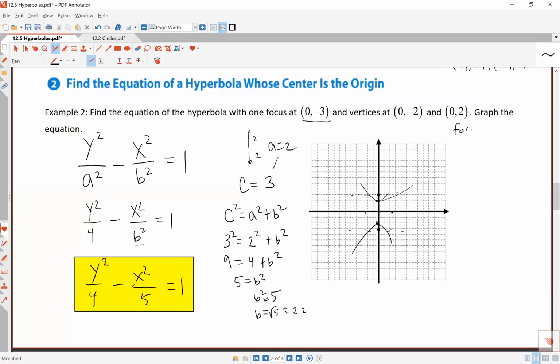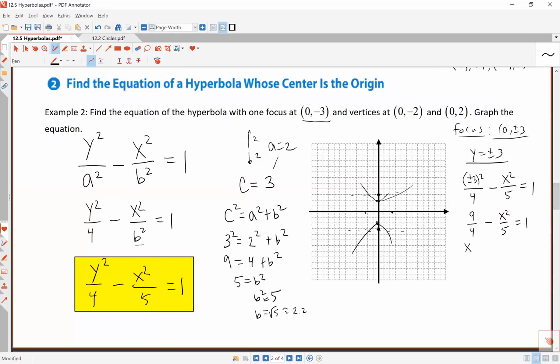Our foci sit at (0, plus or minus 3), so we set y equal to plus or minus 3. We have plus or minus 3 squared over a squared, and we know that a squared is 4, minus x squared over 5 equals 1. This is 9/4 minus x squared over 5 equals 1.